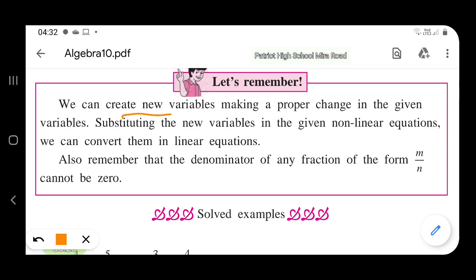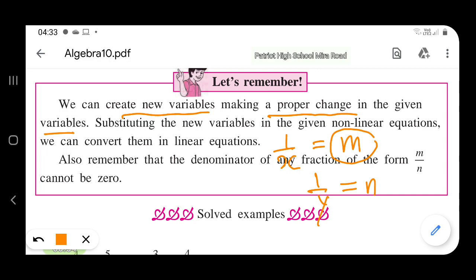We can create new variables, making a proper change in the given variables. So where we found 1 upon x, can we write it as m? Let us see. With this modification, suppose we say 1 upon x is equal to m, or 1 upon y is equal to n, we get new forms of variables.